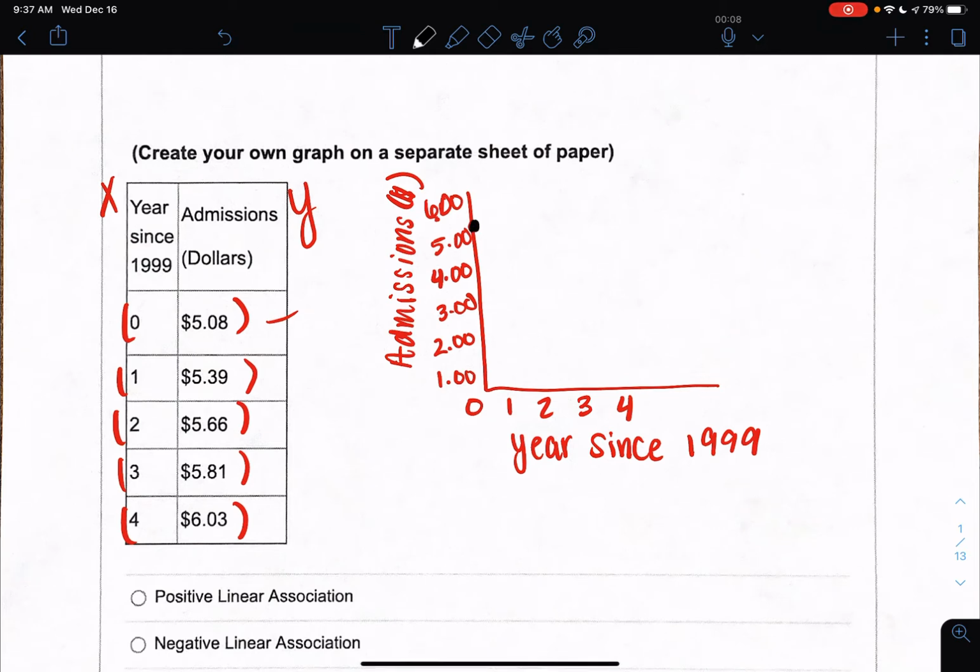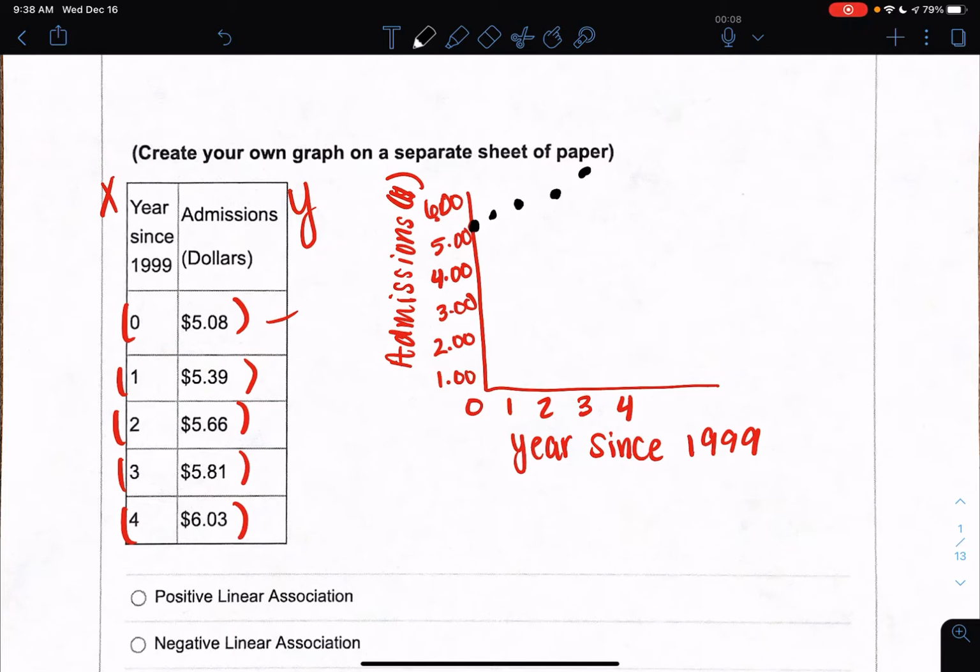Okay, go to your 1, which is 1 year since 1999, on the x-axis, and then I'm going up to $5.39, and that is going to be, once again, closer to that 5, just because if I do it straight in the middle, that means I have $5.50. Okay, going to 2, a little bit closer to the 6. 3, I have $5.81. And for year 4 after 1999, it is going to be above that 6.